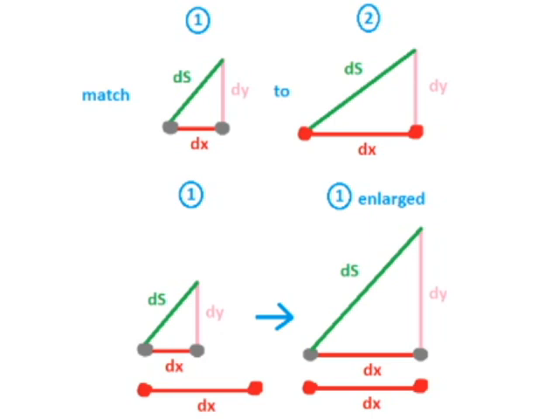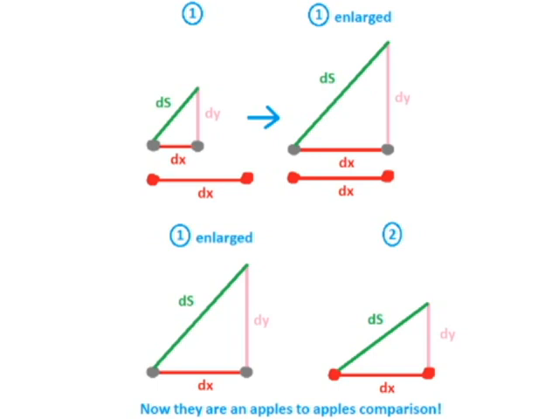If we enlarge triangle 1 so that the dx of triangle 1 now matches the dx of triangle 2, the ds and dy of triangle 1 will also be proportionately enlarged. Now we can compare an enlarged version of triangle 1 with triangle 2, and we have an apples-to-apples comparison.